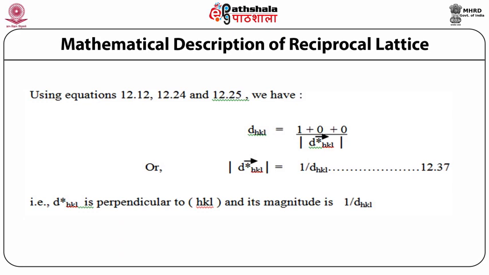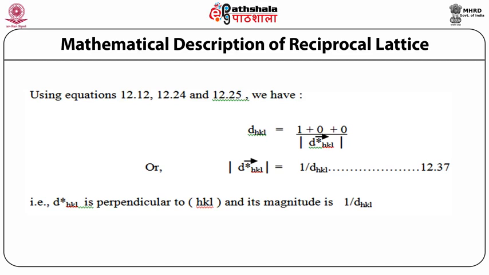Using equations 12.12, 12.24 and 12.25, we have d hkl is equal to 1 plus 0 plus 0 upon modulus d star hkl, or modulus d star hkl is equal to 1 upon d hkl, which is given as equation number 12.37.